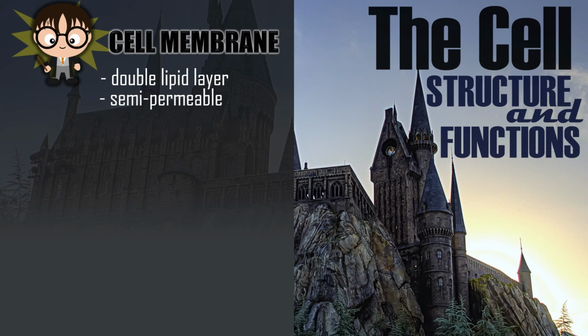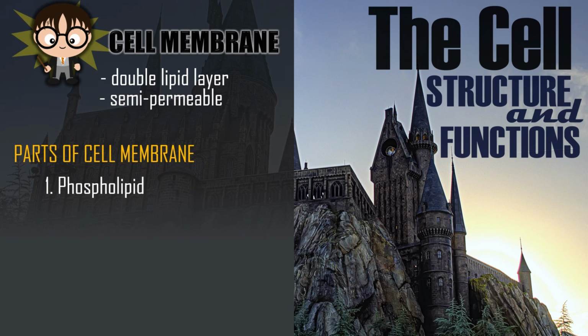The cell membrane plays several important roles for the continued existence of the cell. Its semi-permeability allows the cell to choose the substances to absorb, secrete, or excrete. Substances that are absorbed and excreted by the cell must pass through the cell membrane. The cell membrane is made out of various parts. First is the phospholipid.